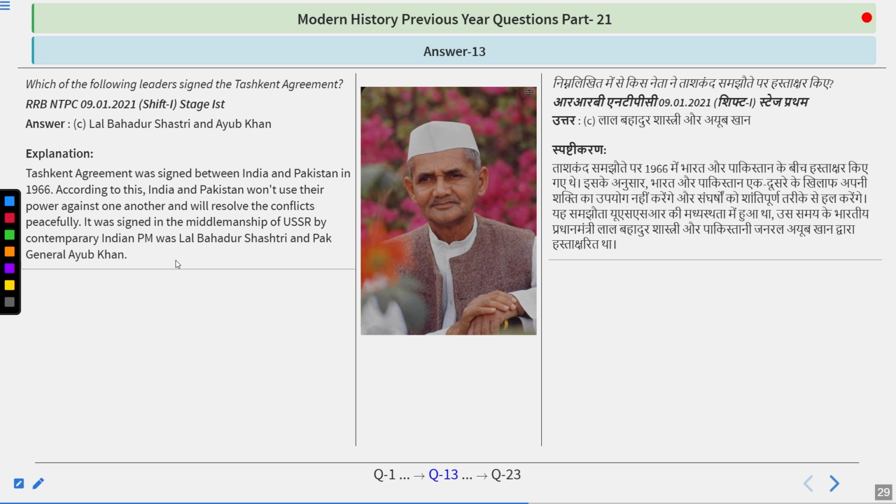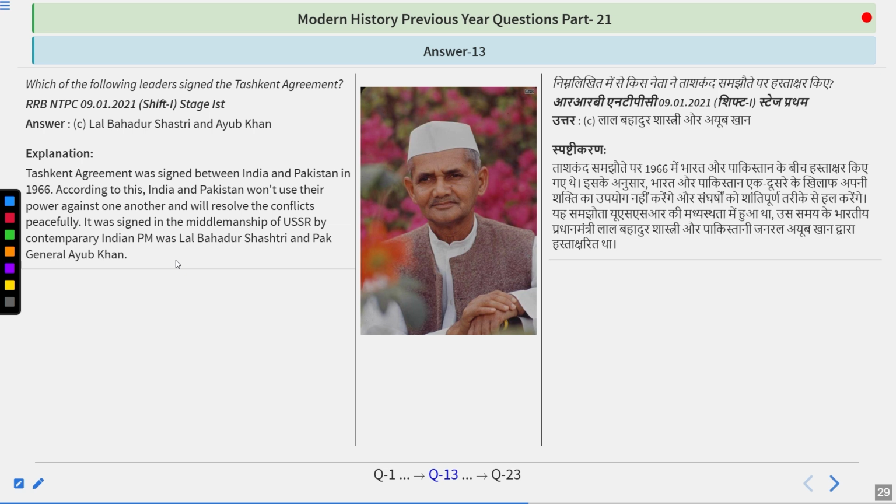And Lal Bahadur Shastri was the one who gave the slogan Jai Jawan, Jai Kisan. Remember that as well. And he was the second prime minister of India. Remember that. After Lal Bahadur Shastri, once again, the position of prime minister got vacant.